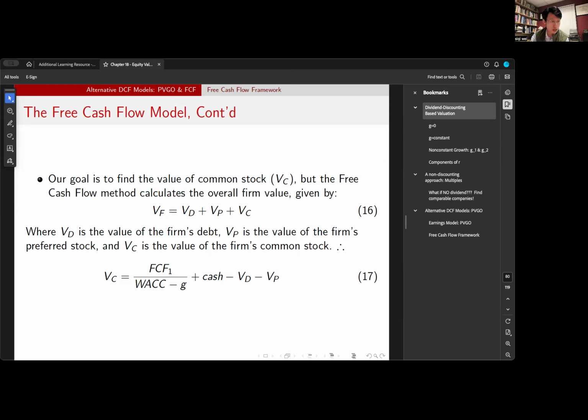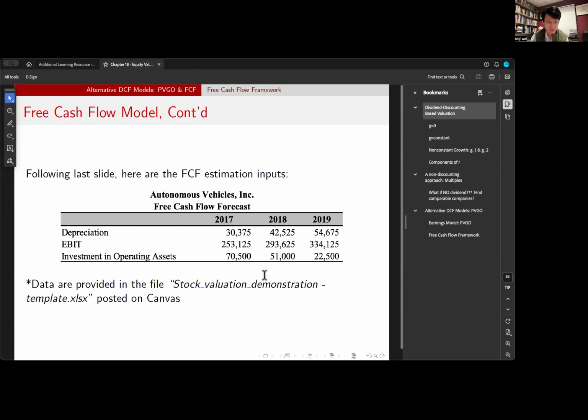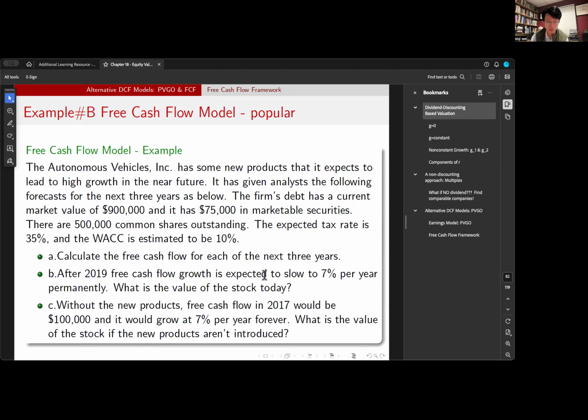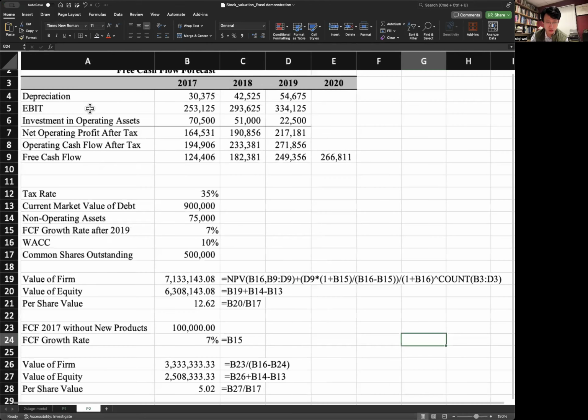All right. So now let's take a look at the very last example on my slides. You have all sorts of accounting information and how to calculate the free cash flow, how to calculate the stock price, and that is captured by, let me reshare my screen on the Excel, this thing over here.